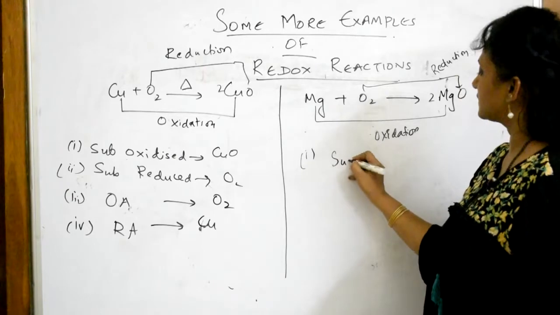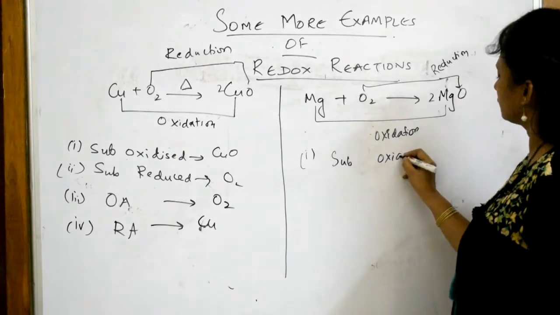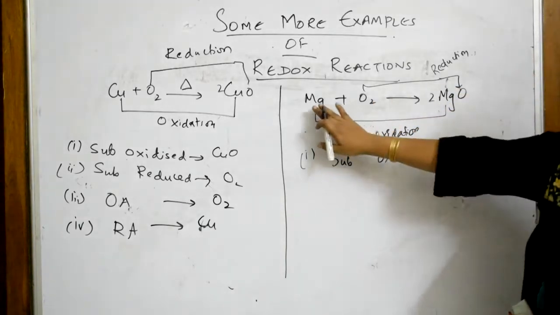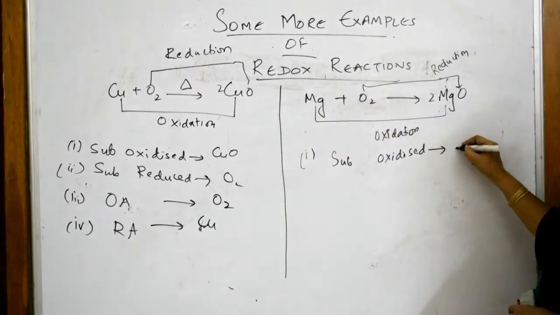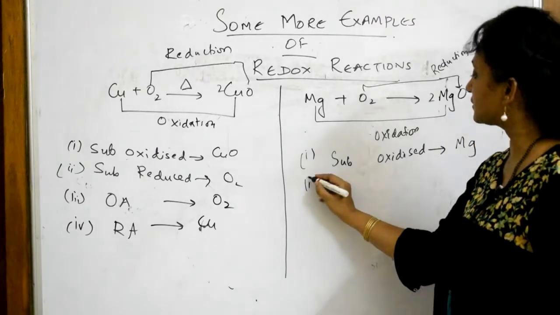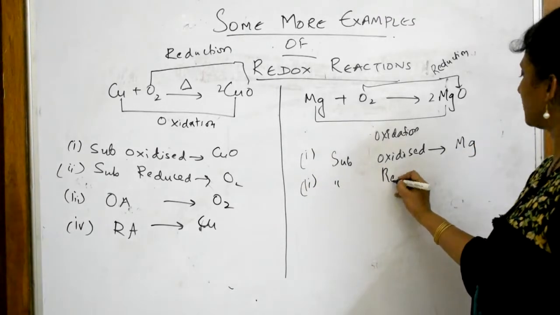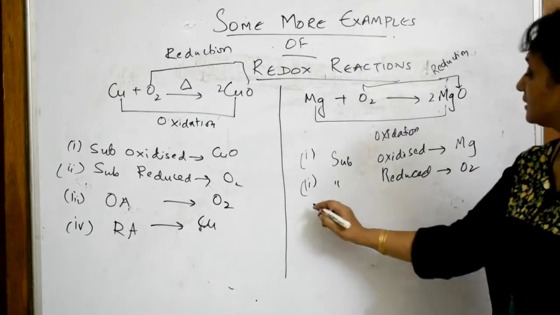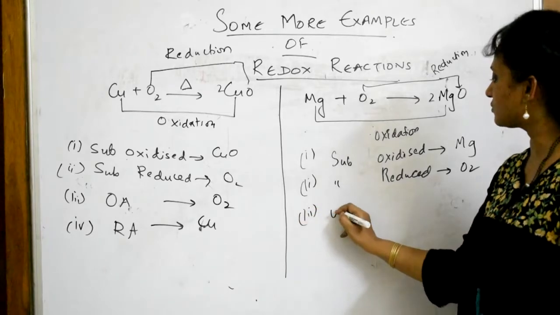Let us go back here. Substance oxidized. Which has got oxidized? Which one has got oxygen? Here magnesium has got oxygen. So magnesium. Substance reduced. Automatically the next one is oxygen only, no? Right. What is the oxidizing agent?